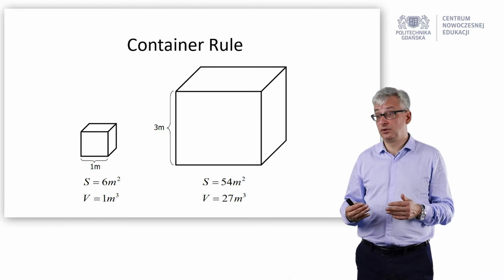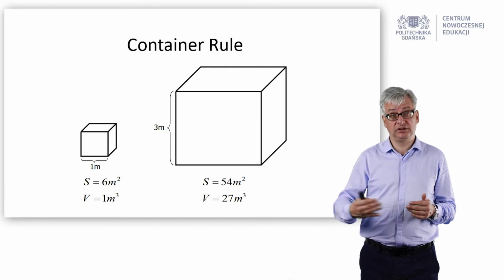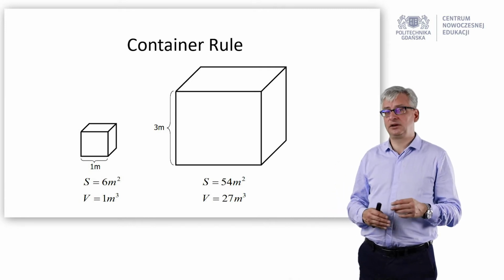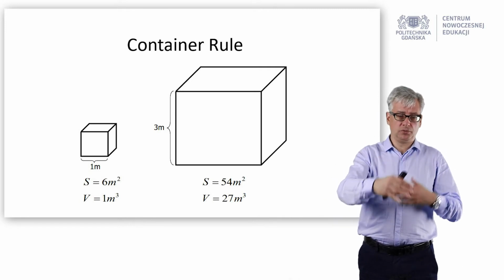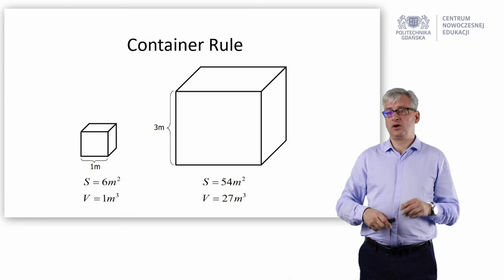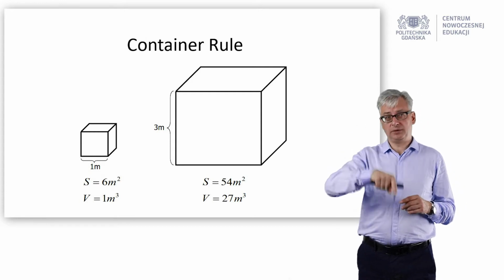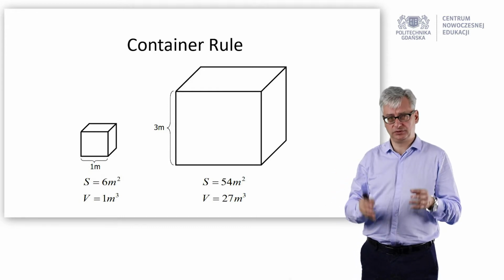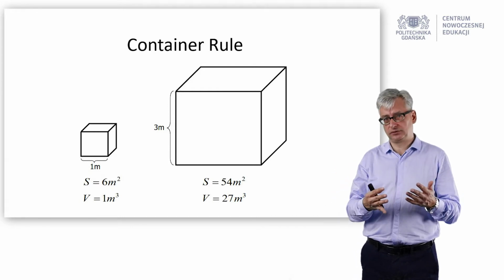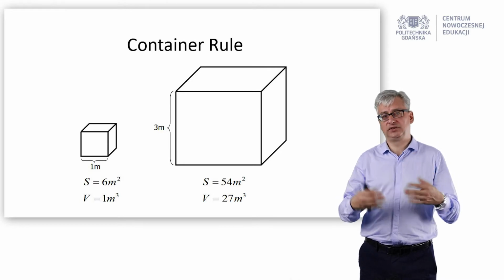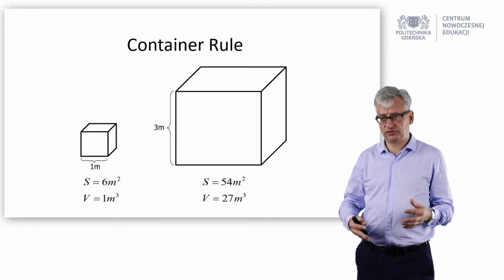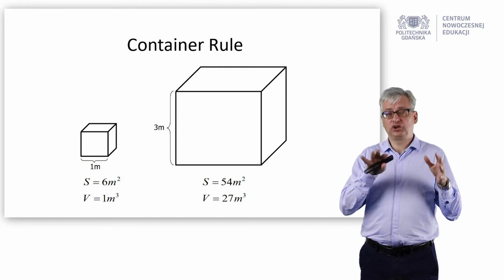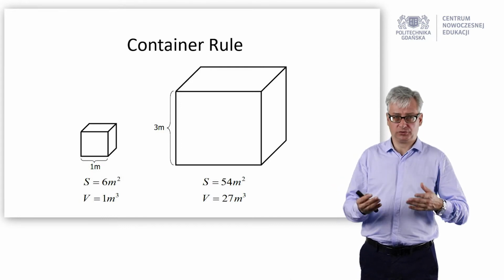And if you look at how much steel you need to make such a container, well, a cube has 6 walls, so this is 1 meter by 1 meter, 6 square meters. This is how much steel you need, and this is the cost, right? So you pay for 6 square meters of steel to be able to store 1 cubic meter of your goods.